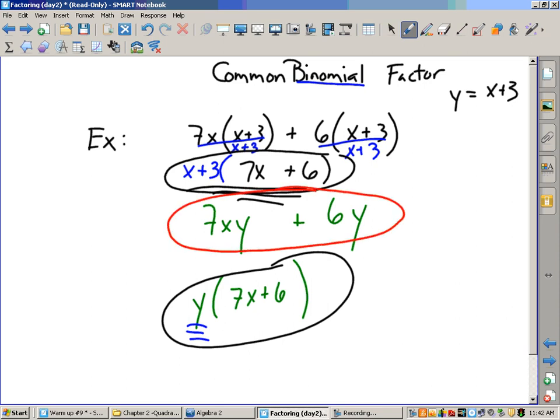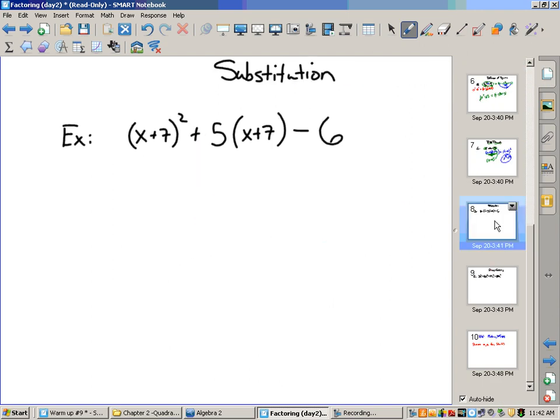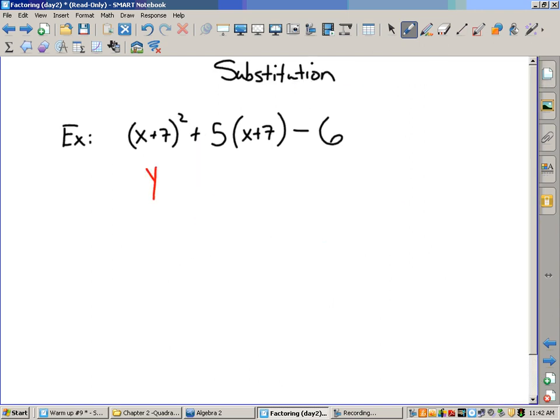Notice how I substituted in y to explain the fact that I really just factored out y, and y was x plus 3? Well, that's what I'm going to do on this one. Let's say y is x plus 7. We're substituting in a different variable for this binomial.